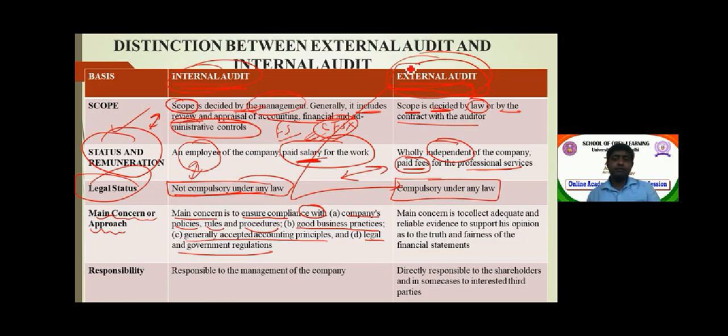But in the case of external audit, the main concern is to collect adequate and reliable evidence to support the auditor's opinion as to the truth and fairness of the financial statement. So what is the reality behind that? What is the main concern with respect to that audit, that is to be kept in our central place.